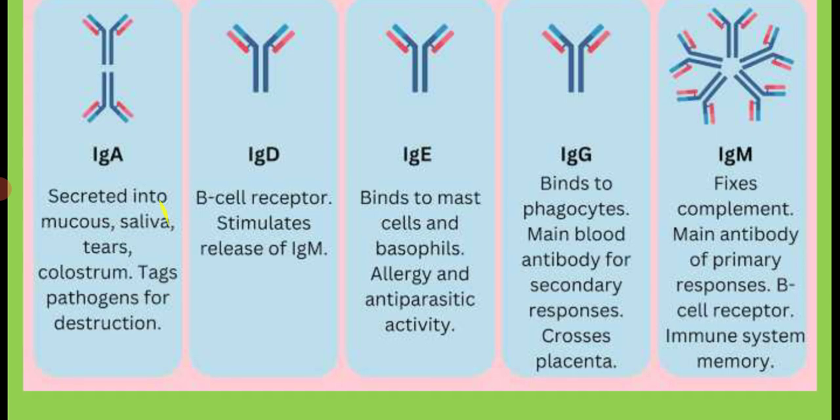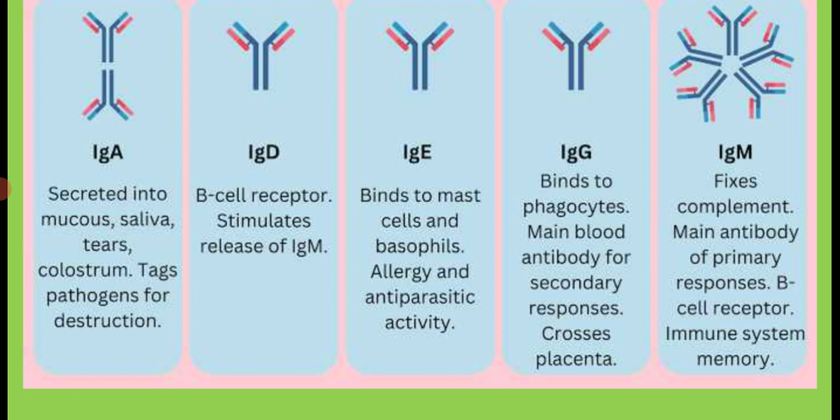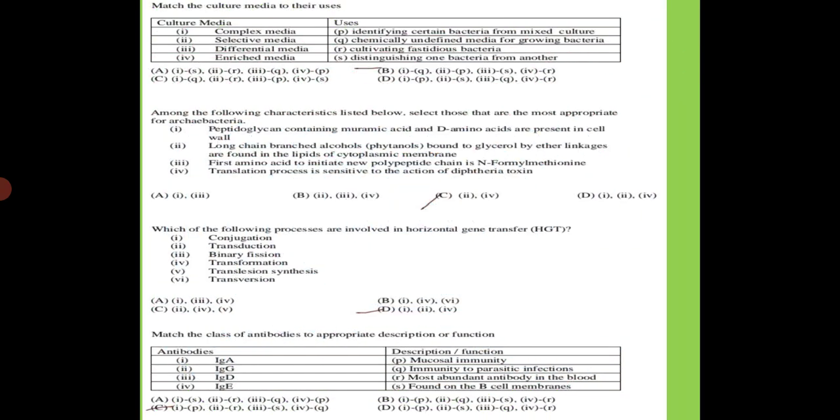IgG binds to phagocytes. IgG is the main blood antibody for the secondary response, and it is abundant in serum. It crosses the placenta. Then IgM is the antibody which is produced in the primary response. It fixes complement and is present as a B cell receptor. So this is about these antibodies. Option C is the answer of this question.